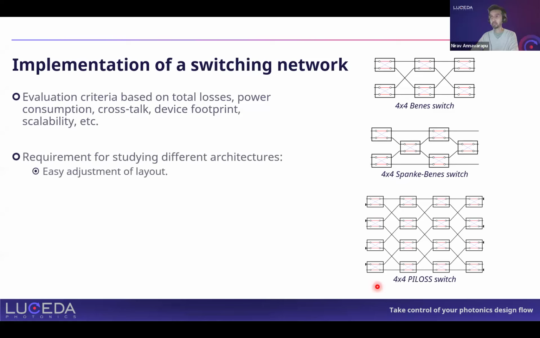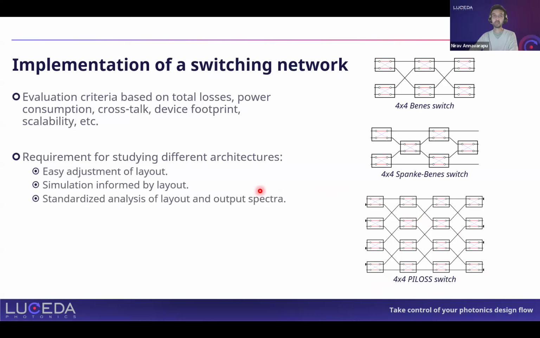Ideally, with a parametric approach, you just have to punch in a few numbers and you'd get a circuit with as many inputs as you'd like with very little manual effort from a designer. Circuit simulation must be powerful, where you want to be absolutely sure that what is being simulated is what is drawn on the layout. And you also want to analyze all output spectra in the same way so that there are apples to apples comparisons between the different architectures.